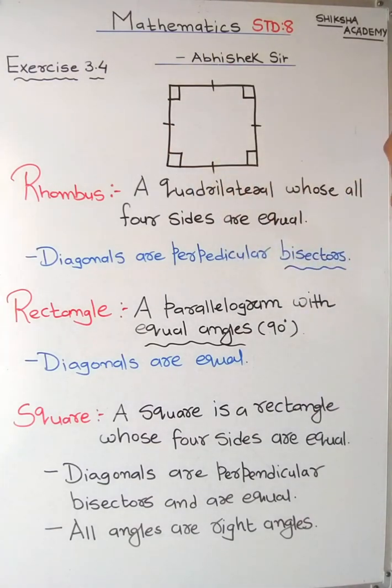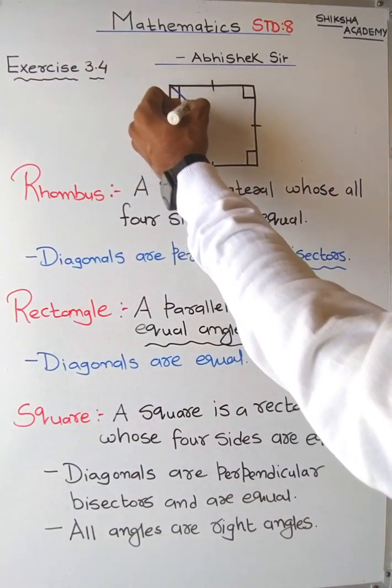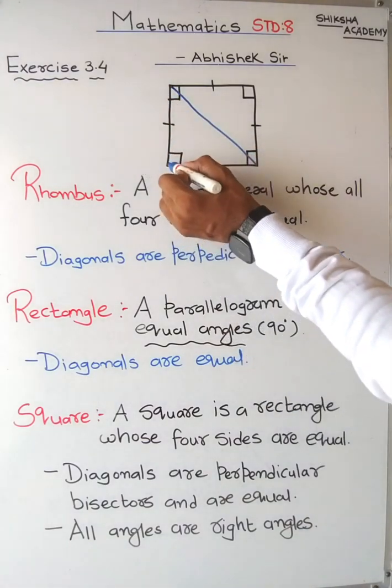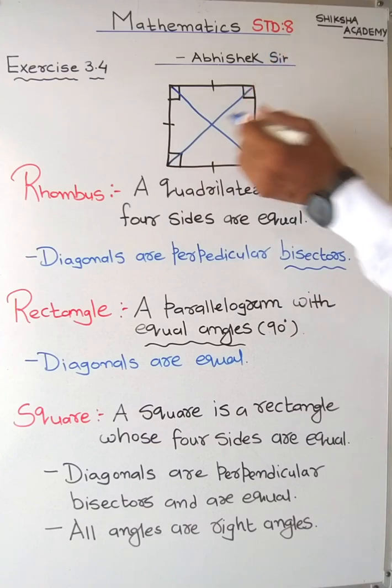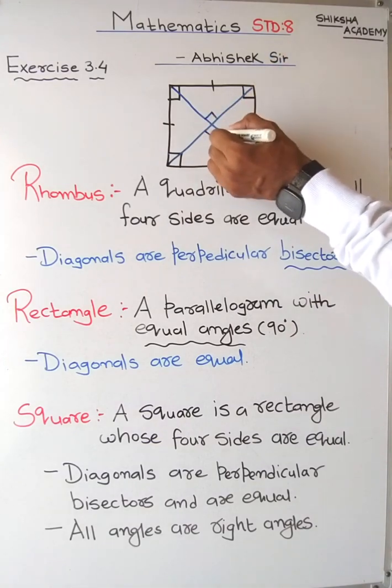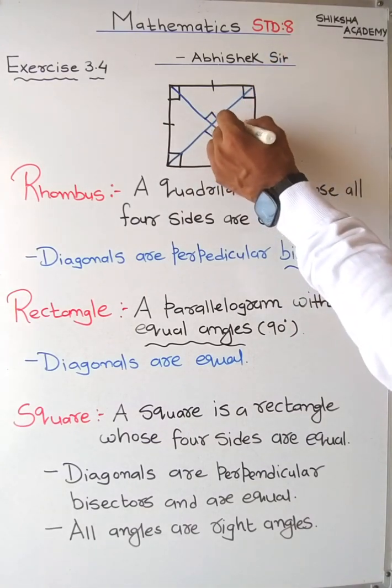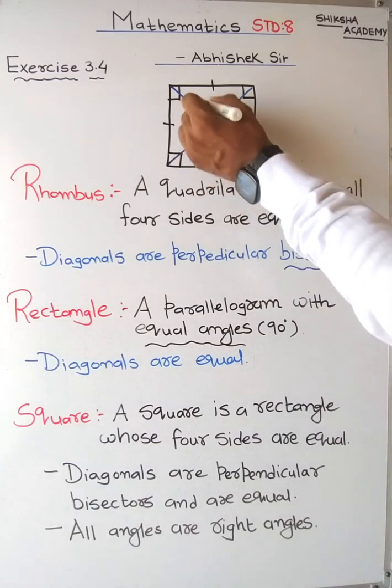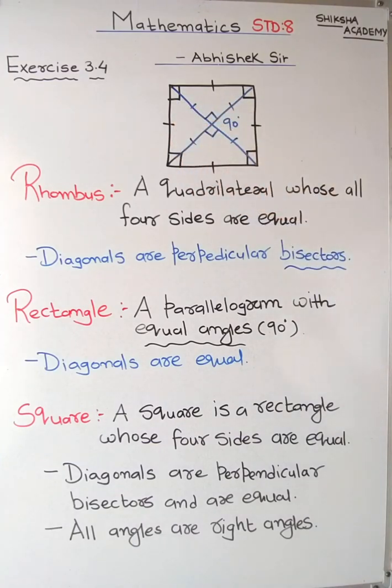Clear? Then again, what about the diagonals? The diagonals will be equal, as well as bisecting each other at 90 degrees. Clear? So this is all about the square.